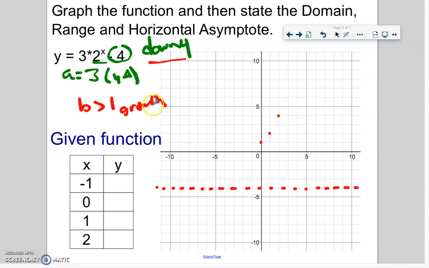As soon as I know it's a growth, I look at the B value. The B value is 2, so I know it's 1, 2, 4. I'm just going to keep squaring that value. 2 to the 0 power is 1, 2 to the first power is 2, 2 to the second power is 4. And then from there, I'm going to do the transformation.